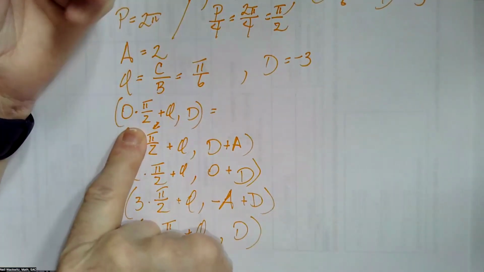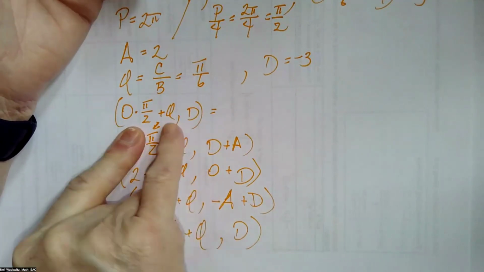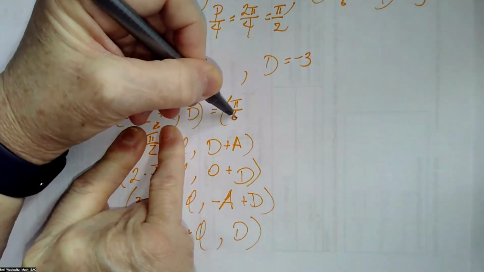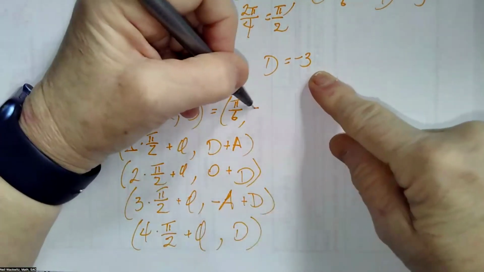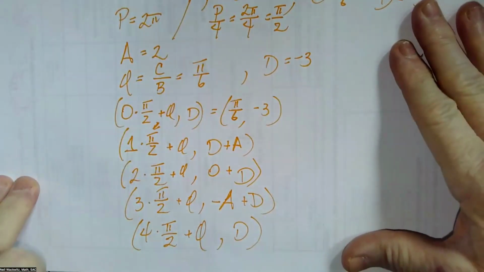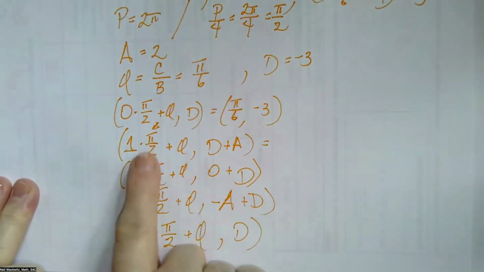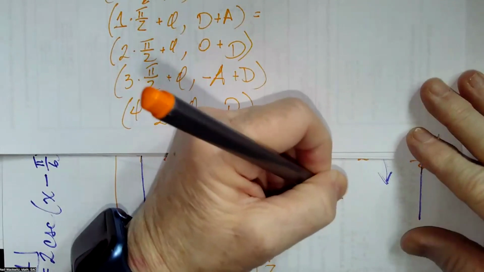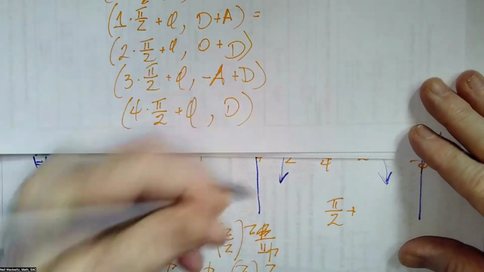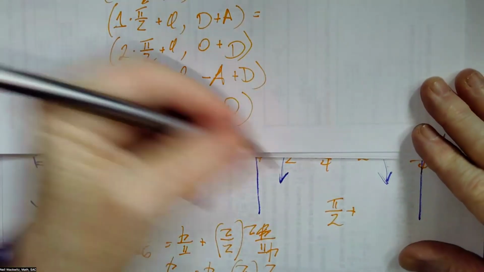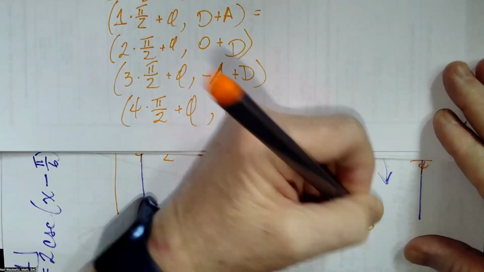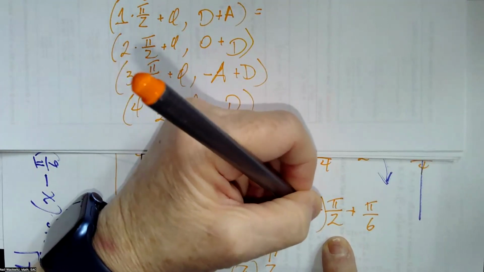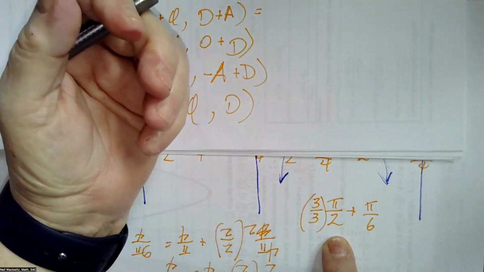Now, 0 times pi over 2 is just 0, plus pi over 6, and D is negative 3. Now we've got pi over 2 plus pi over 6. I'm going to multiply pi over 2 by 3 over 3. Why am I doing that?